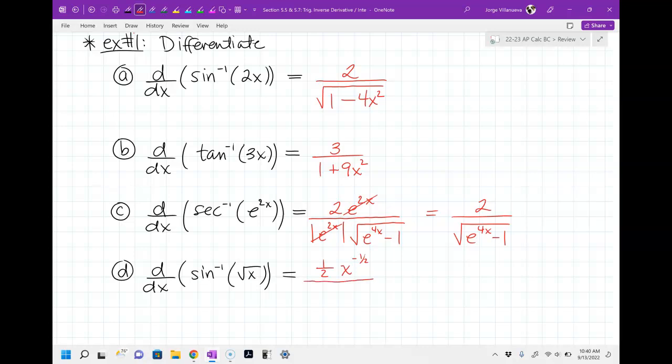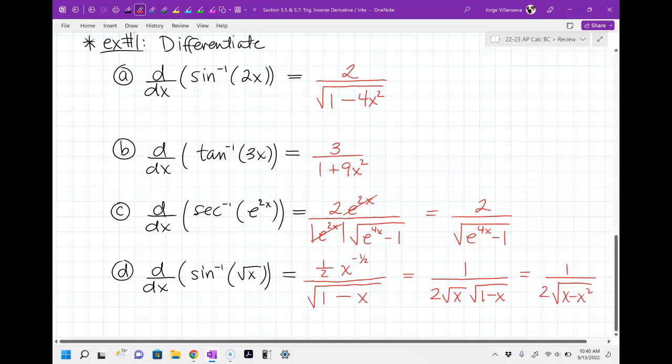Over the square root of 1 minus the square root of x squared, which would be x. So we'll just clean it up a bit: 1 over 2 radical x times radical 1 minus x. And if you want to go a step further, you can combine your radicals: 1 over 2 square root of x minus x squared.